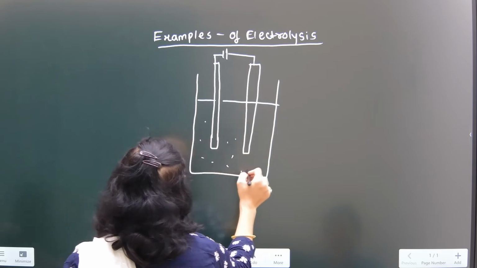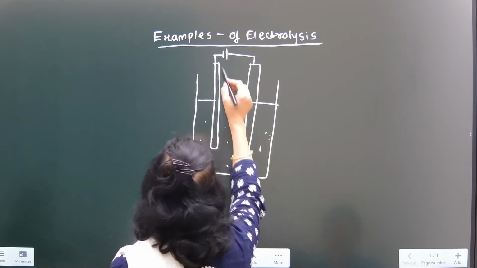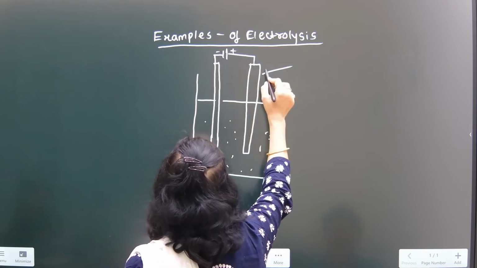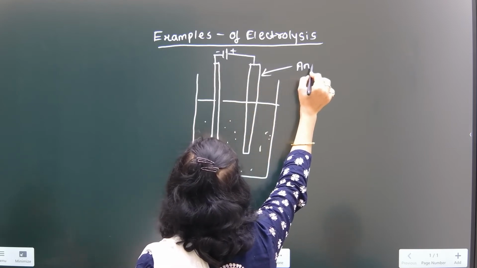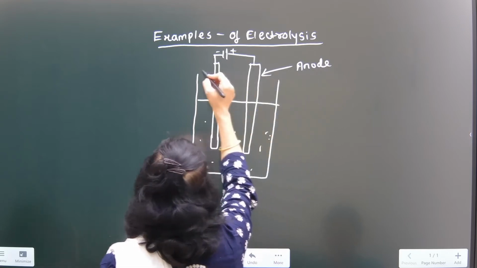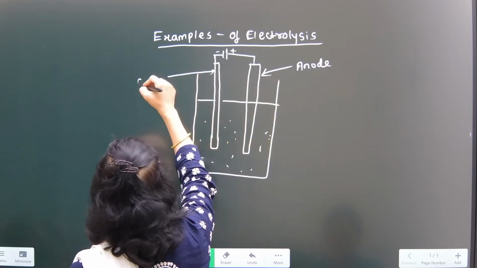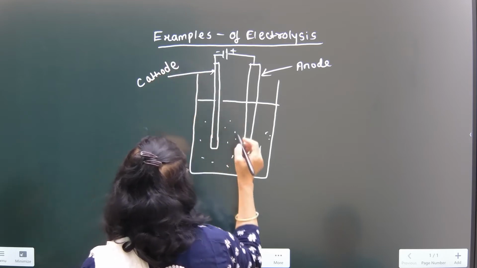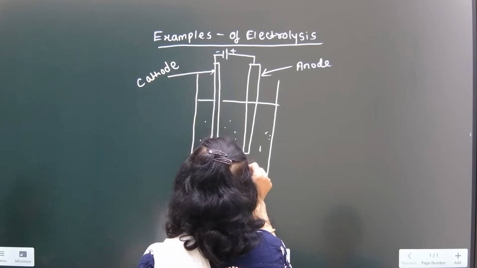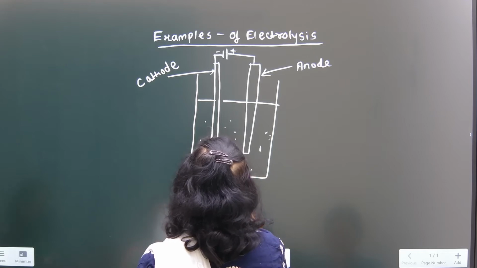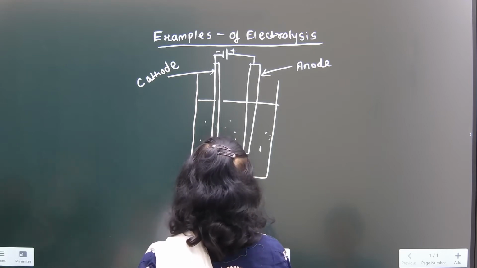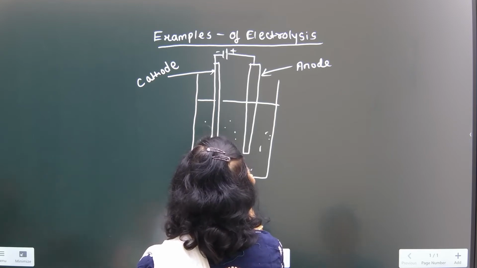so for example again here NaCl, negative, positive. This is anode. This is cathode. And suppose HCl, or you can take NaCl.